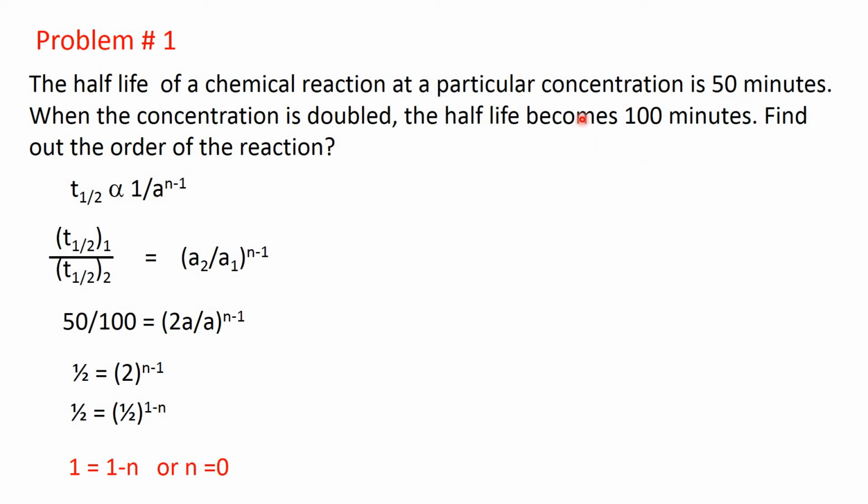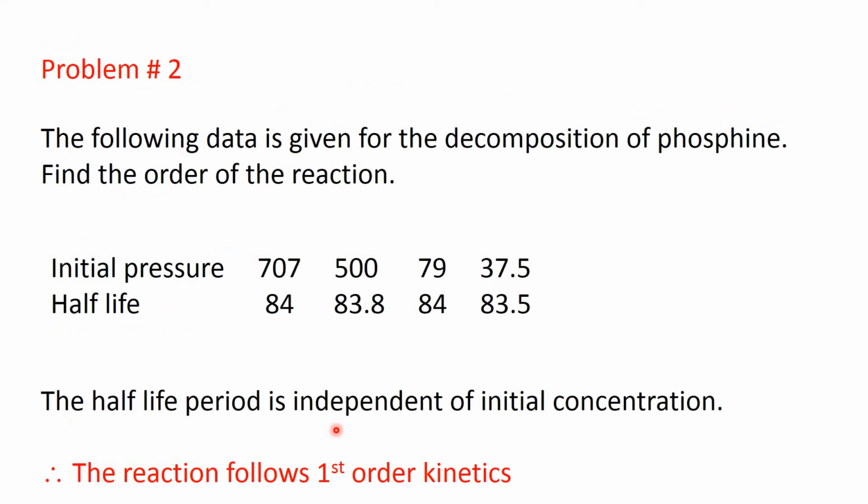For a particular concentration it is 50, when doubled it is 100. But you can solve this problem too. T half is proportional to 1 by A to the power n minus 1. So T half 1 divided by T half 2 is equal to A2 by A1 to the power n minus 1. Put in these values, and finally you can calculate n is equal to 0.